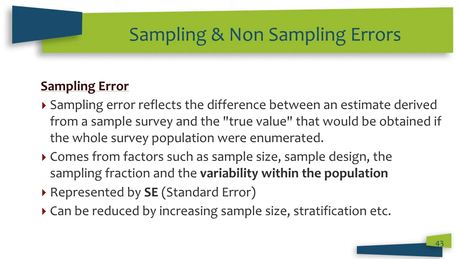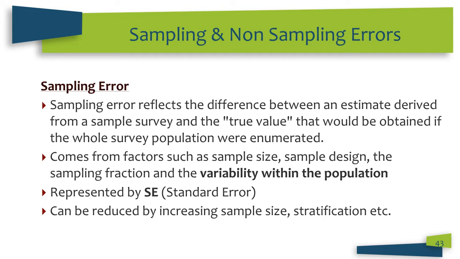Where does it come from? Well, the first thing, it comes from the sample size. If the entire population is 200 and you have sampled the entire population, so technically that won't be a sample, but let's say you've sampled the entire population, there'll be no sampling error. The smaller your sample gets, the larger the error would get.